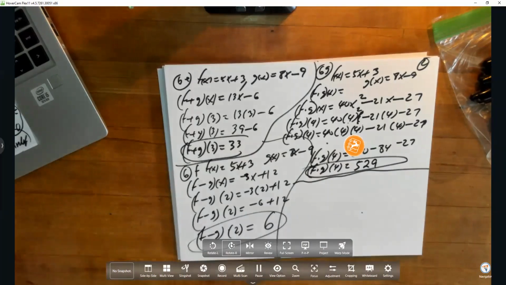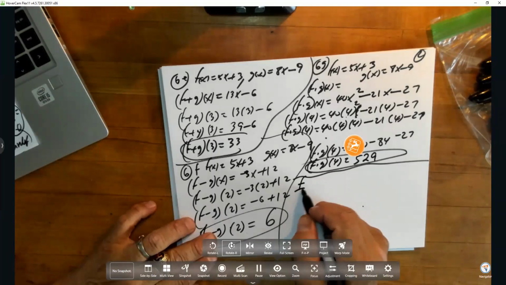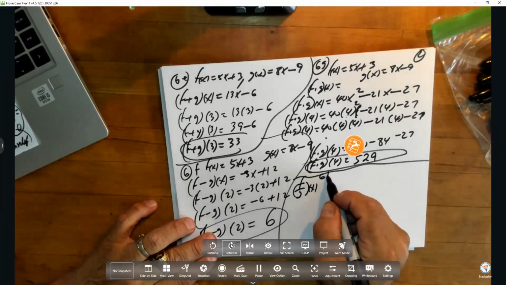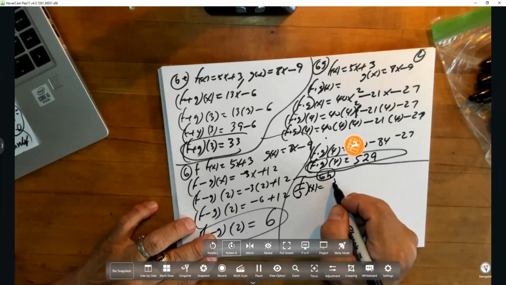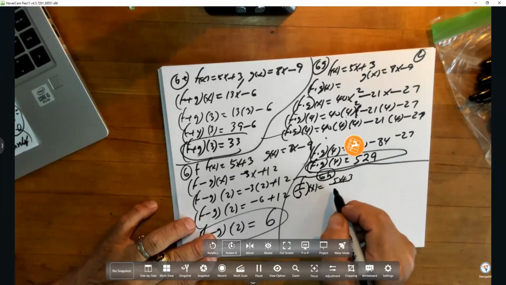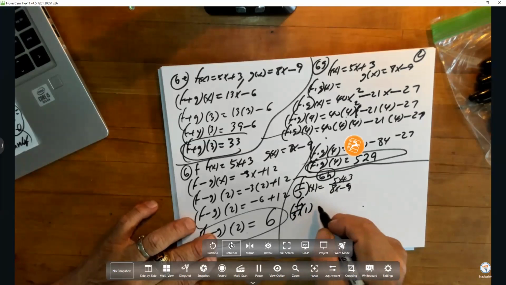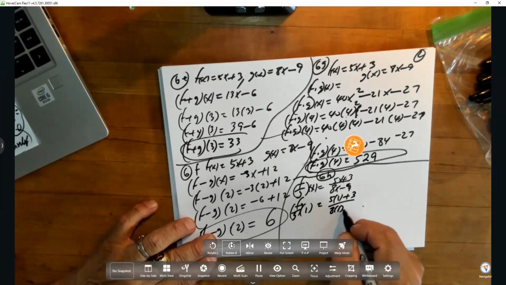All right, so now f over g of x, and this is number 6H, is 5x plus 3 over 8x minus 9. Okay, this one says put a 1 in there. So f over g of 1 is 5 times 1 plus 3 over 8 times 1 minus 9.